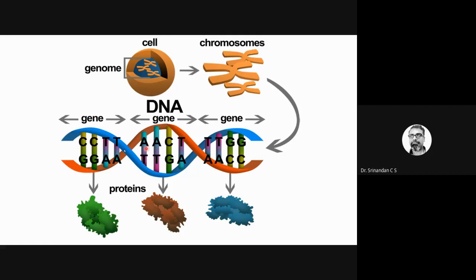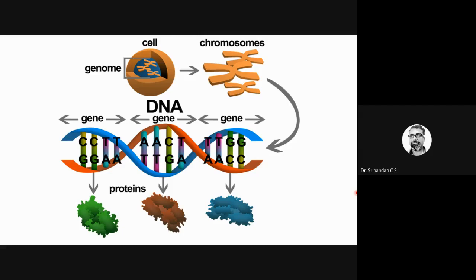It will be there. This long sequence put together, for example in our human cells: on an average, as I told in the previous classes, we have around 10 trillion or more cells in one individual.